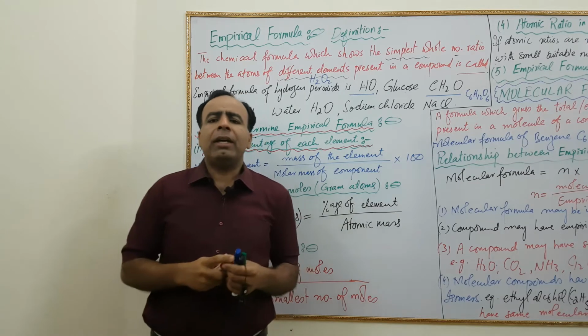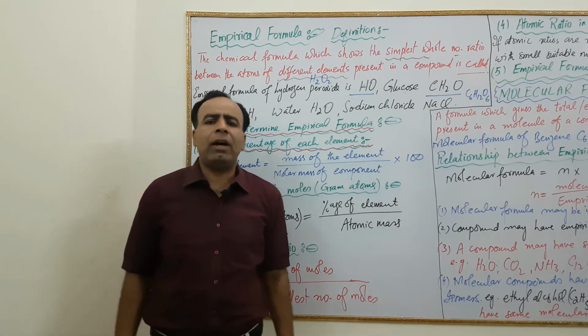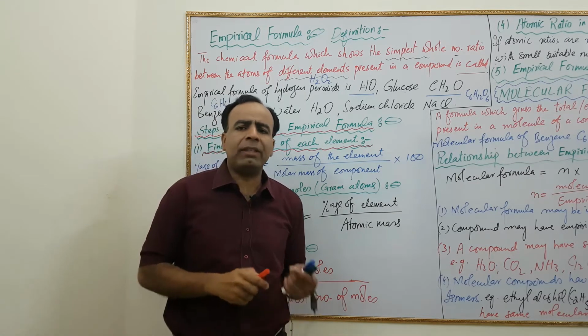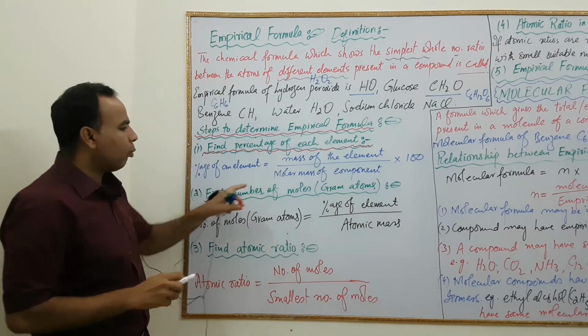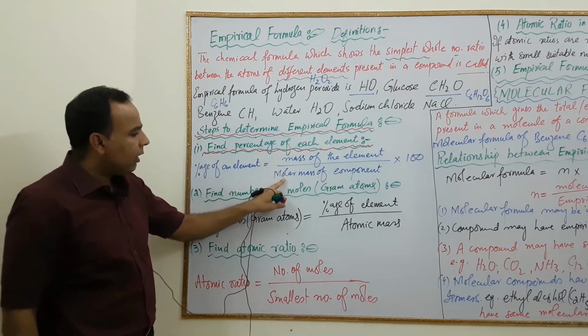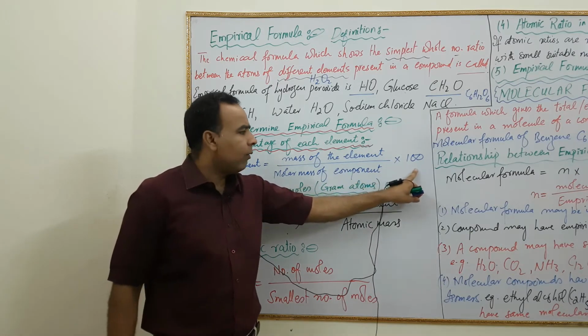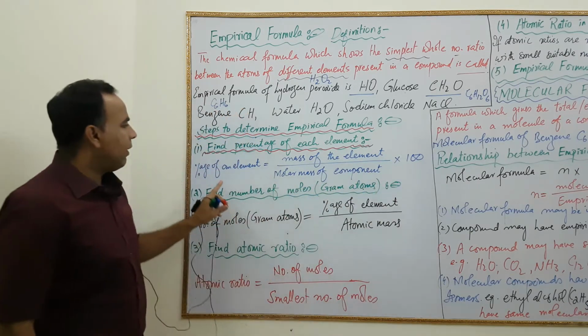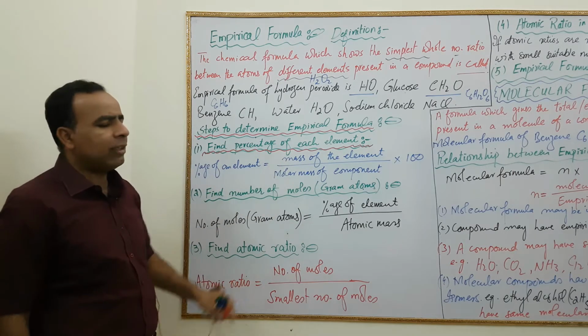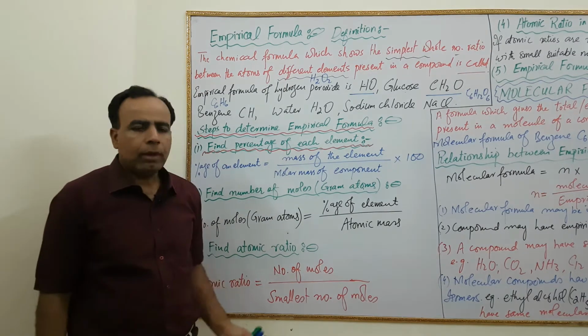To determine the empirical formula, first of all, find out the percentage of an element by using the formula: mass of the element divided by molar mass of the compound, multiplied by 100. In this way we can find out the percentage of each element.